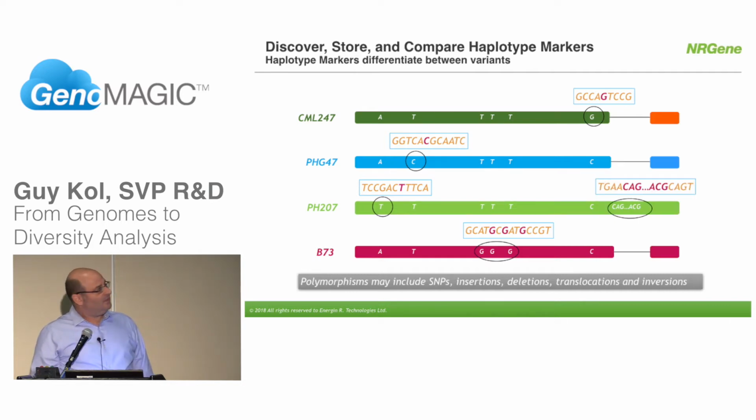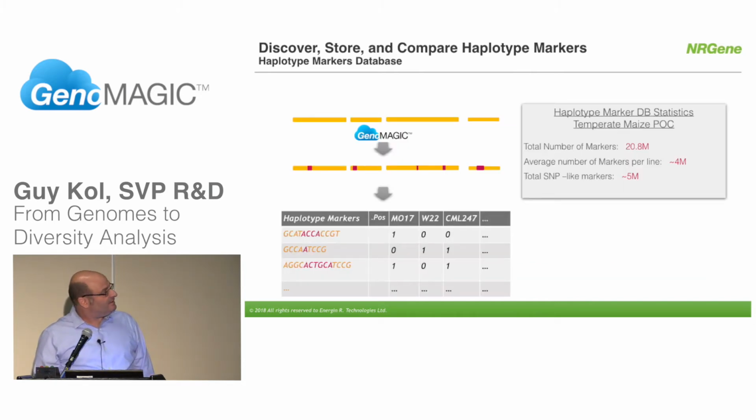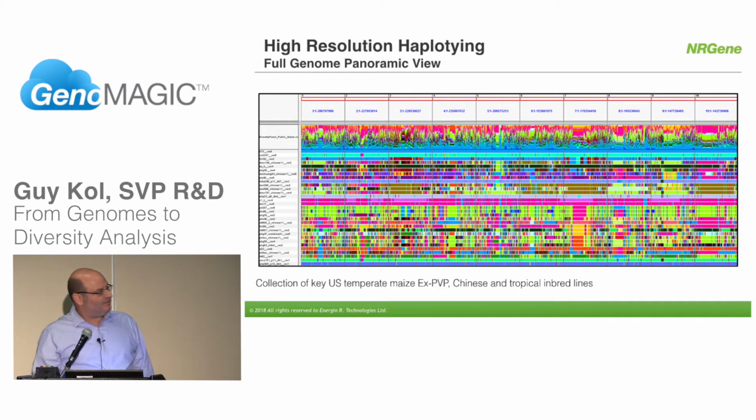When you're looking for those subsequences that are unique, let's imagine those contigs are aligning in the same place in the pan-genome, you can really compare them and find all the differences. So we run all this through a big data machine, and we extract the subsequences of all the contigs that are unique, and we hold them in a database, creating this kind of graphical picture with maize, for example. This is the 10 chromosomes, and similarities and differences color-coded between the different genomes.